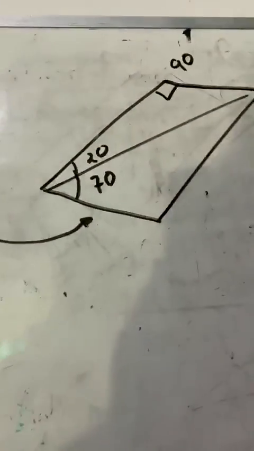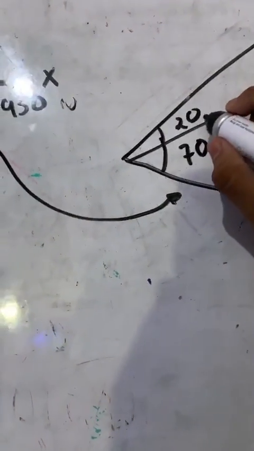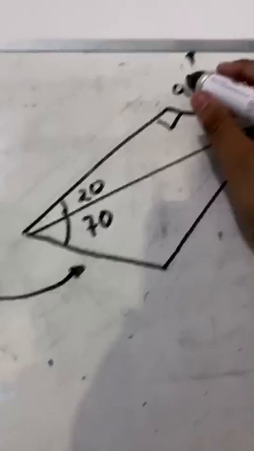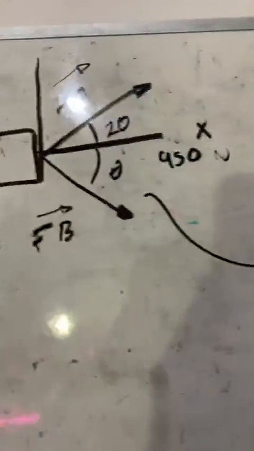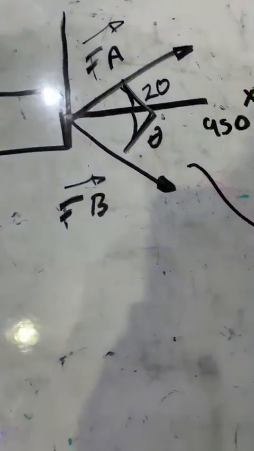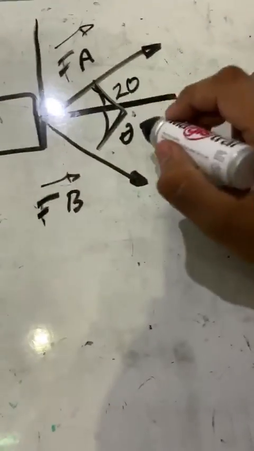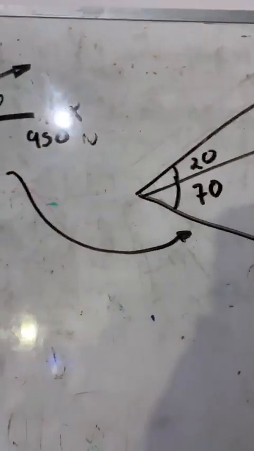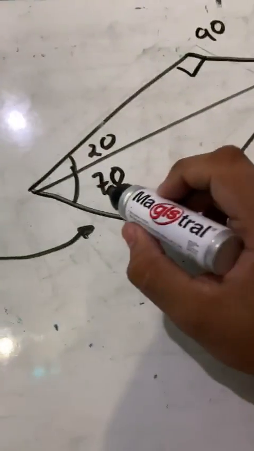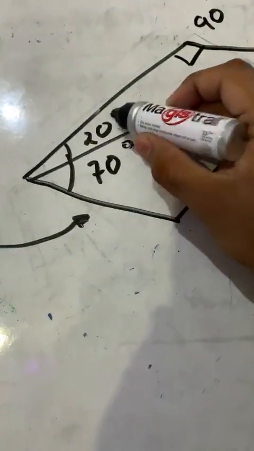In the parallelogram we have 20 degrees, and remember that each corner we have 90 degrees. So that is represented here. This is a corner of 90 degrees. So it's easy to calculate theta. We use a subtraction, 90 minus 20, and we get 20 degrees.